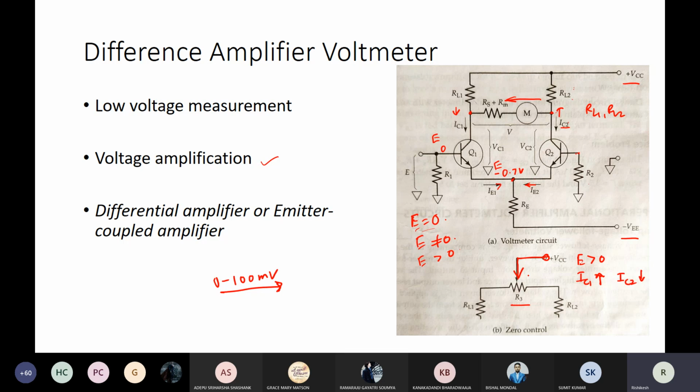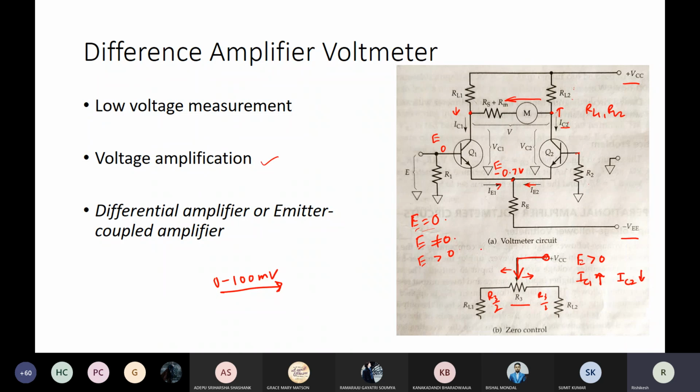When you move this arm in this direction, more of R3 is added in series with RL1. If you move it in the other direction, more of R3 is added to RL2, and at the center position, R3 by 2 will be added in series with each.